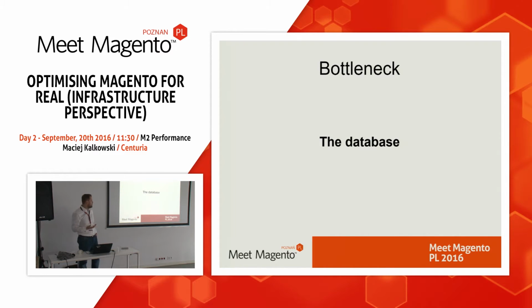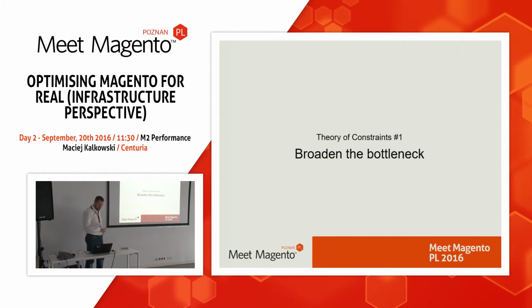Generally, when we're going to have two distributed MySQL master servers, it's not the best, it's impossible to scale it linearly, just multiplying the instances. But the theory of constraints helps us a little bit. We know that we need to broaden the bottleneck. So we need the database server to run faster.